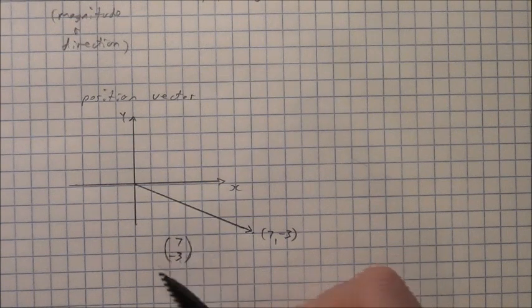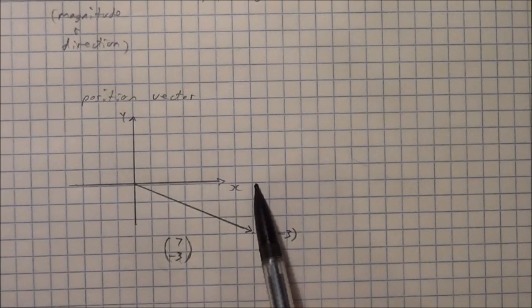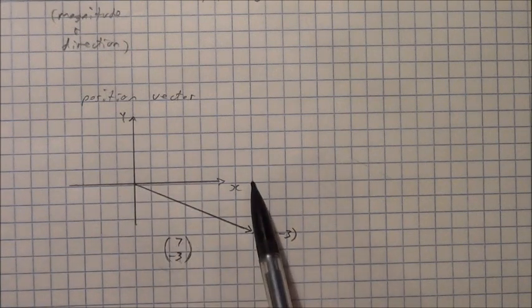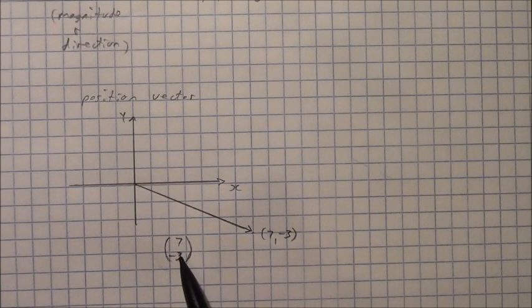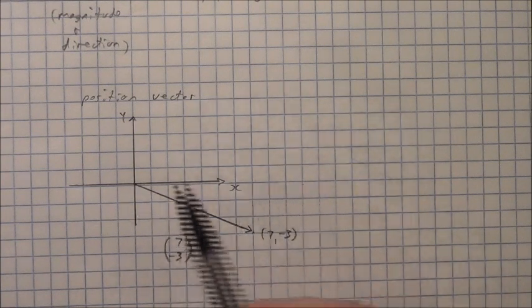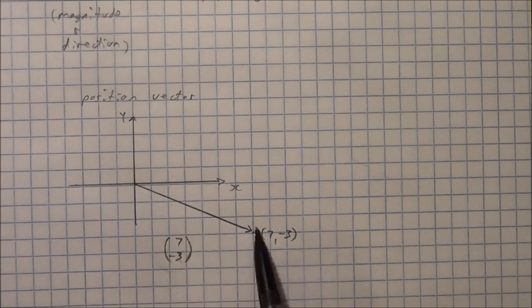So the vector is written as a column vector like this, 7, -3, which means that the vector goes from the origin 7 units to the right, or 7 units horizontally. In this case it's right because that's positive, and then 3 units vertically down, 3 units down from the x-axis. And so that is how we would represent this vector.